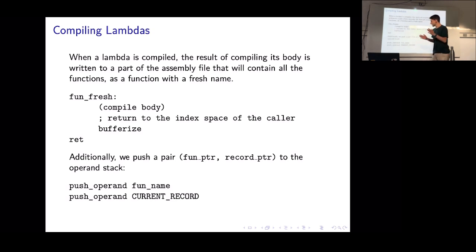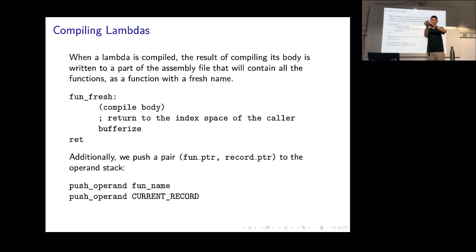Okay, now for lambdas. So, when a lambda is compiled, we move this portion of code to a part of the compiled assembly code that is reserved for it.